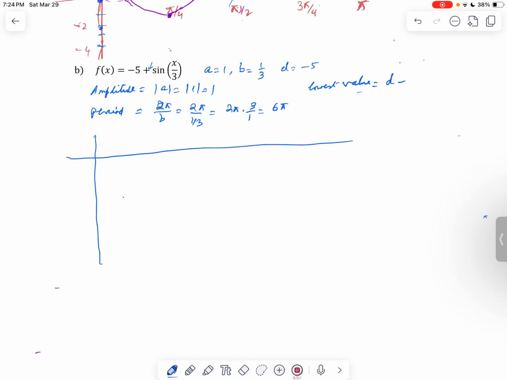You can remember D is the vertical shift, minus amplitude. So D minus the absolute value of A. D is -5, -5 minus 1 is -6. So we have to go down to -6.